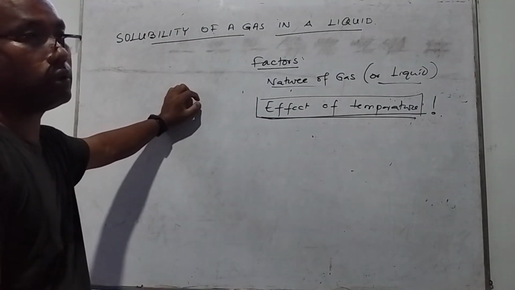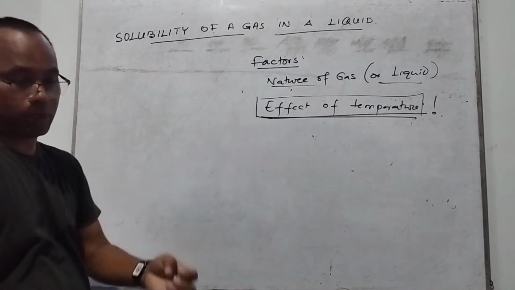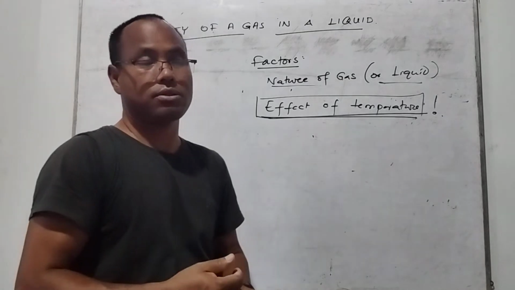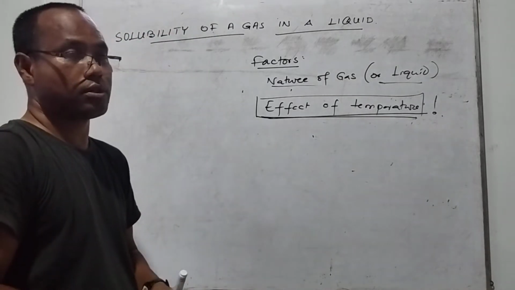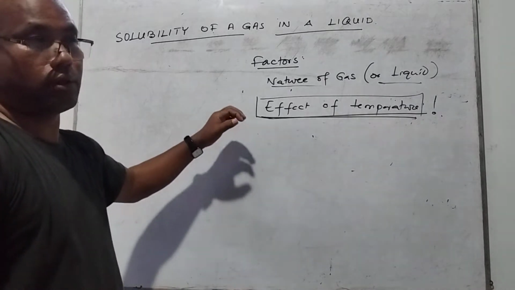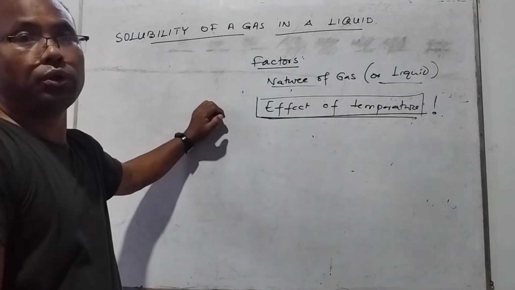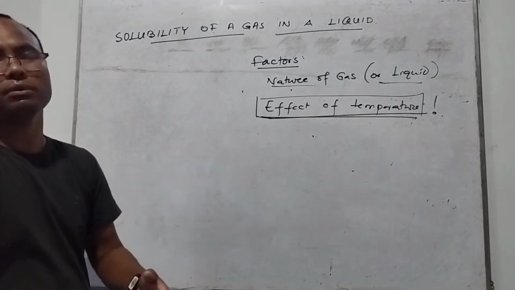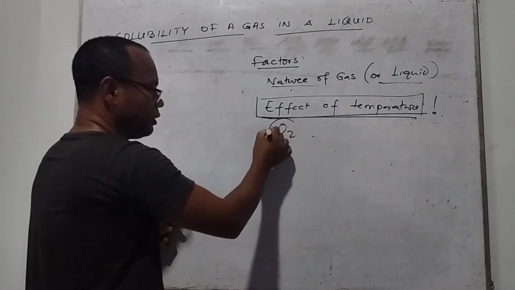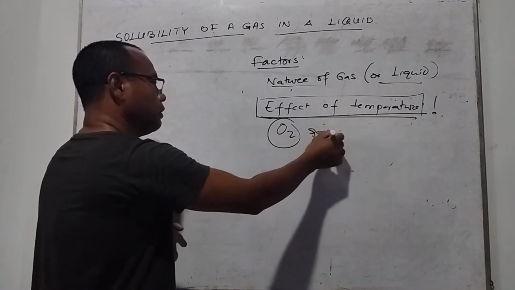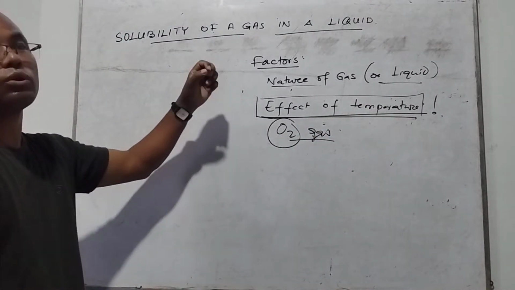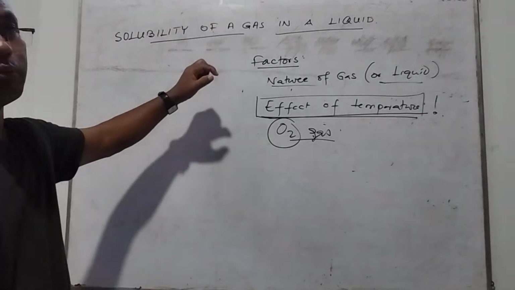As we know, aquatic species like fishes are very comfortable in the colder water, cold water rather than warm water, because the oxygen gas is more dissolved in the cold water than in the warm water.